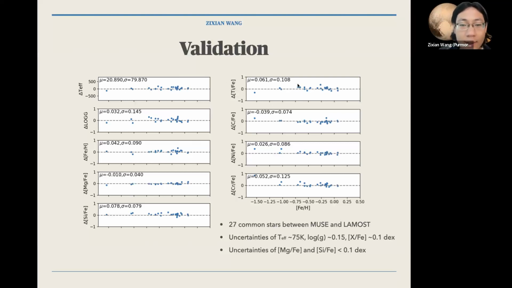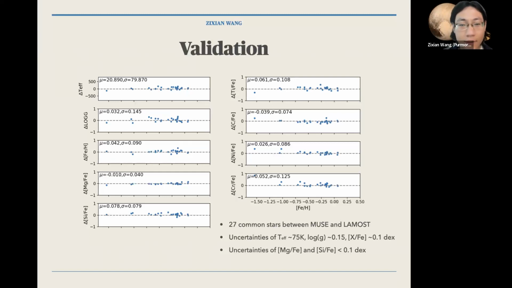What I've shown, there are 9 panels here, which means there are 9 abundances that I think can be accurately measured, because when I calculate the standard deviation of the residuals for the abundances, if they are almost less than 1, then I say they can be accurately measured. And we don't really see a very strong trend with metallicity. For temperature, you can see the sigma is 80 Kelvin and it's 0.15 for log g. So at least for these 9 parameters, they can be accurately measured.